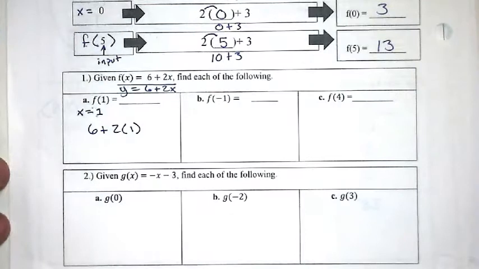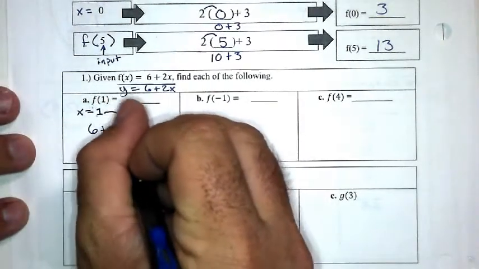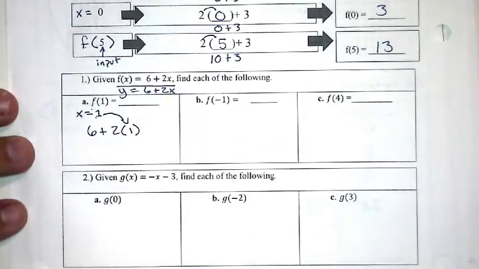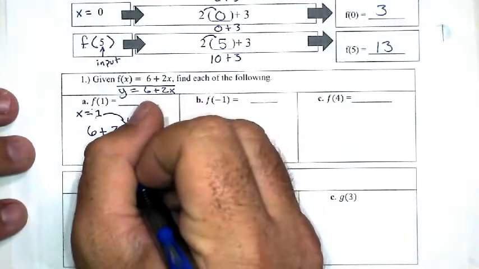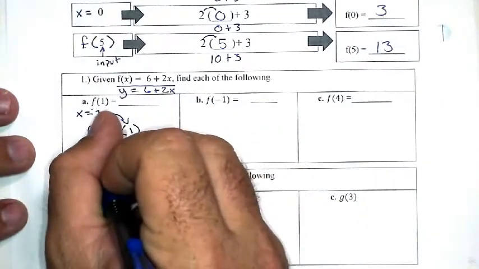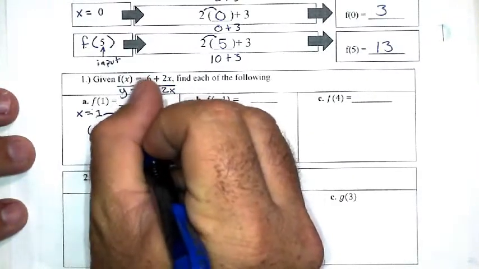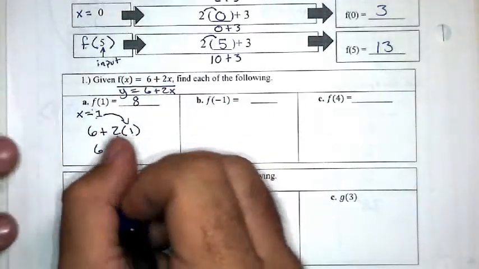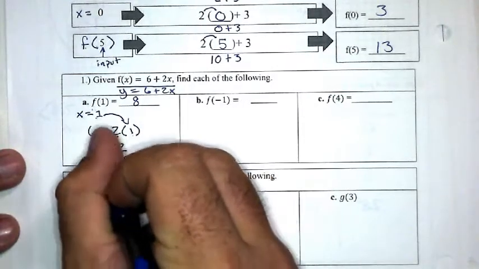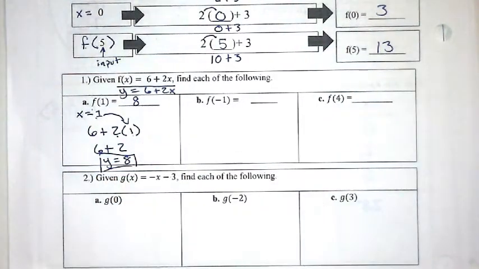Substitute. Now simplify. Get rid of the parentheses first. What's 2 times 1? What's 6 plus 2? 8. So y equals 8. Substitute, simplify. What are we doing? Substituting and simplifying.